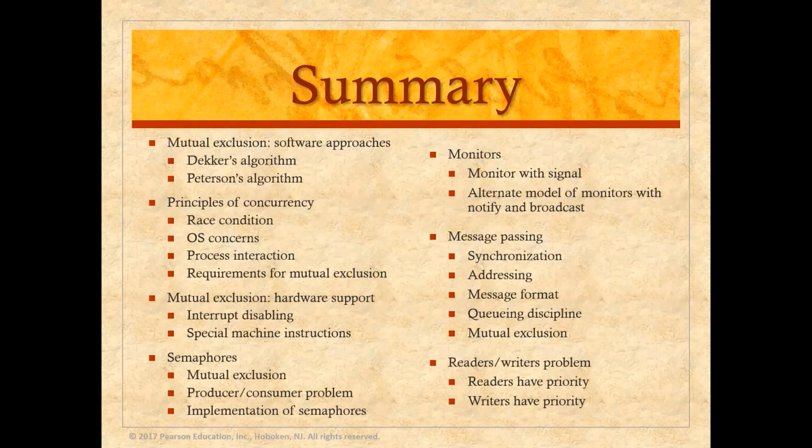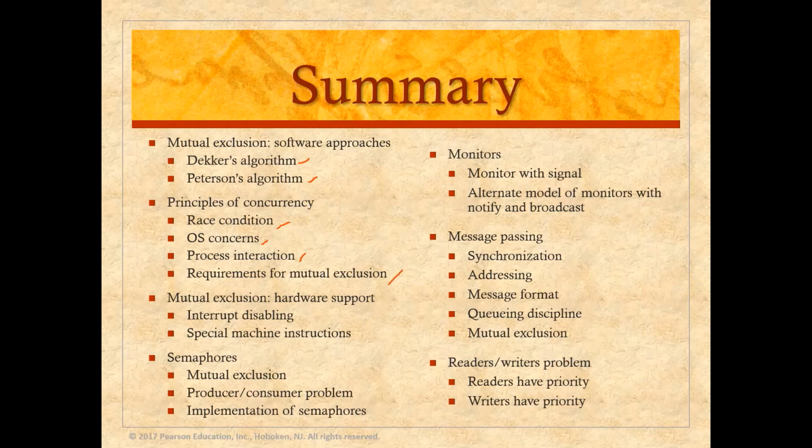Lastly, let's look at the summary. We went through the mutual exclusion software approach, Dekker's and Peterson's algorithm, just to make sure you get the idea of how mutual exclusion is enforced using software approaches. And then we have all the terms, for example race condition, what is the OS concern, the process interaction, we have 3, and the requirements for mutual exclusion, we have 6 in total.